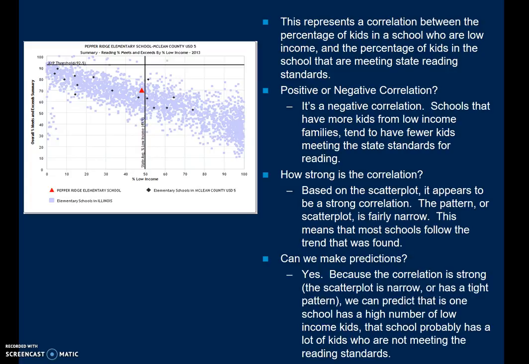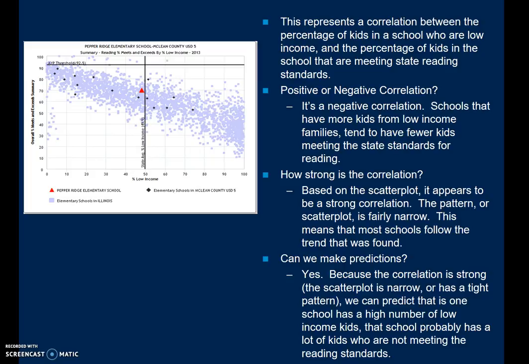And could we make predictions from this? Well, because the pattern is pretty tight, we could make some reasonable predictions from this. If we found out there was a school where 90% of the students were low income, we could predict reasonably well from this data that that school does not have a huge number of students who are meeting the reading standards.